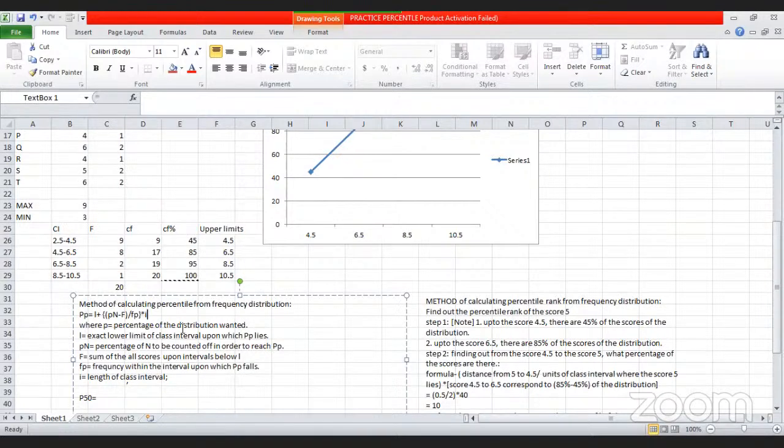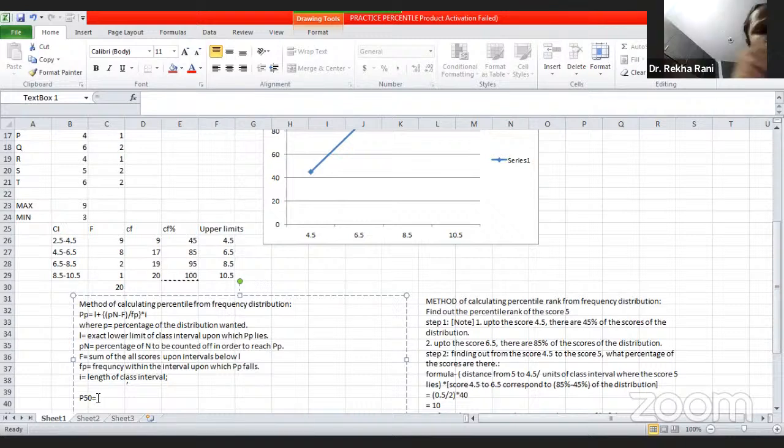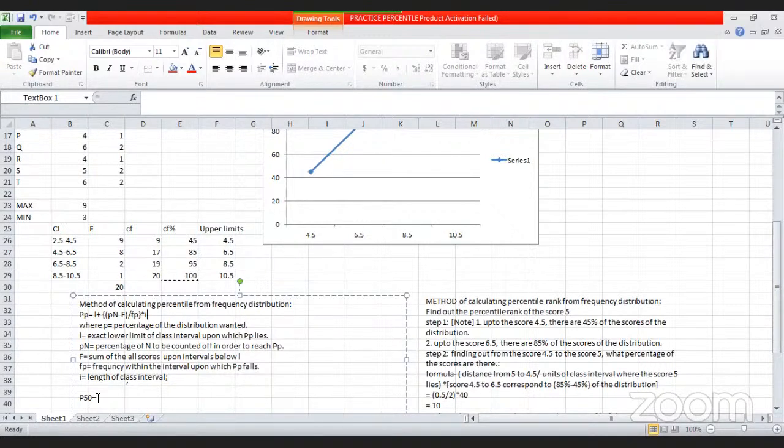Okay. That means if it is P50, we need the score below which 50% of the scores are there. If P50 is given, or P75, or P86, that means we need the score of the distribution below which the given percentage of the distribution is there.